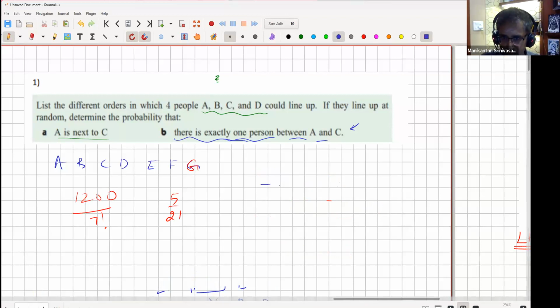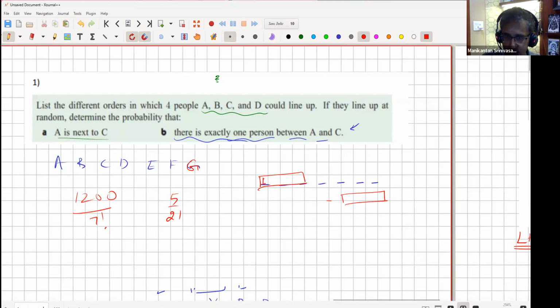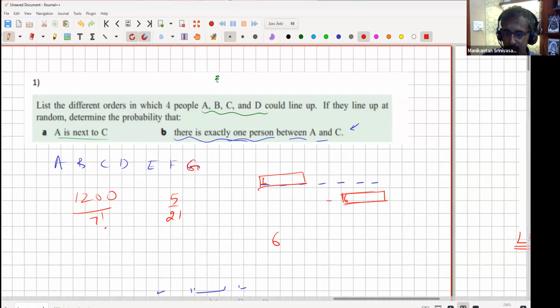Okay. So we have a lot to cover. 1, 2, 3, 4, 5, 6, 7. Exactly same approach we'll take. So the box can start from here. That's 1, 2, 3 position. It can end here. So the starting of the box can be in position 1, or as farther out as position number 6. So there are 6 starting positions for the box. Right.